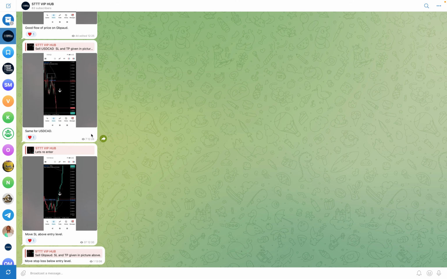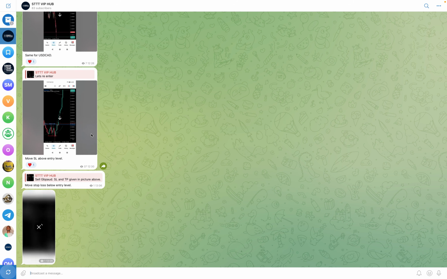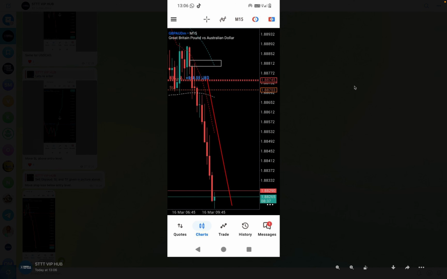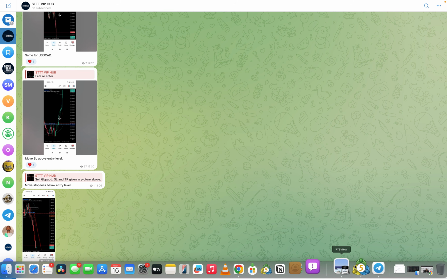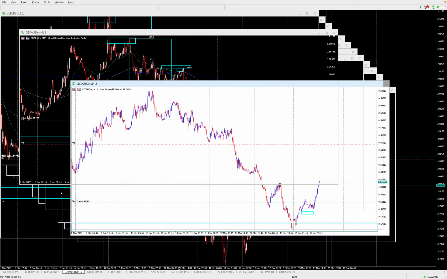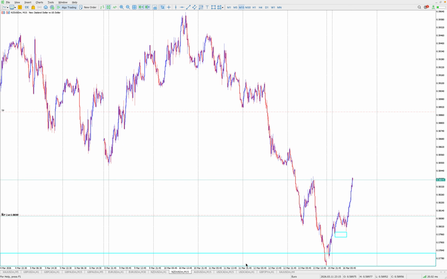I'm usually looking for trades around London and New York, as this is when there's much volume in the market. So yes, I have just updated the VIP guys. Stop loss is now below our entry level, and we are riding this till TP. As the trade goes, I will be updating the VIP guys and advising them on where they can move their stop loss. All right, guys, I hope you've learned something from this video.